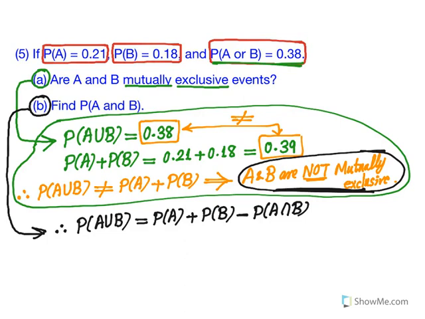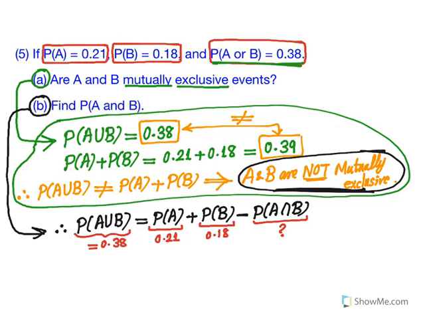The probability of A or B is given as 0.38. Probability of A is 0.21. Probability of B is also given, 0.18, and probability of A and B is the one that we need to find.